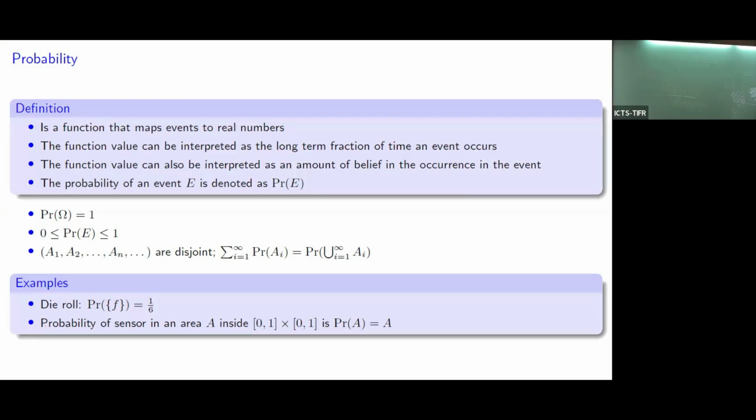There is no intersection here. What this rule is saying is that you can find this probability by looking at probability of 2 plus probability of 3 plus probability of 5. That is 1 by 6 plus 1 by 6 plus 1 by 6, so it will be half. That is what it is to say. Any questions here?